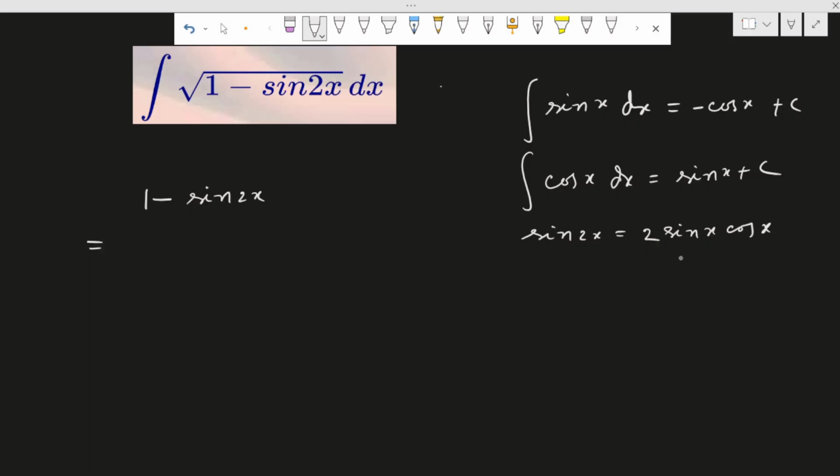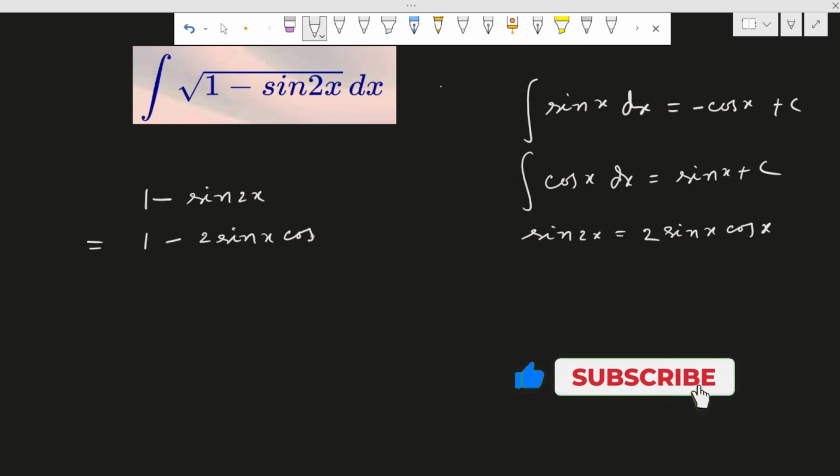This formula is in the chapter multiple angles. So if we expand by this formula, minus 2 sin x cos x. If we want to make this a perfect square, there is a 2AB term present. That means A means sin x, B means cos x. 1 minus 2 sin x cos x.